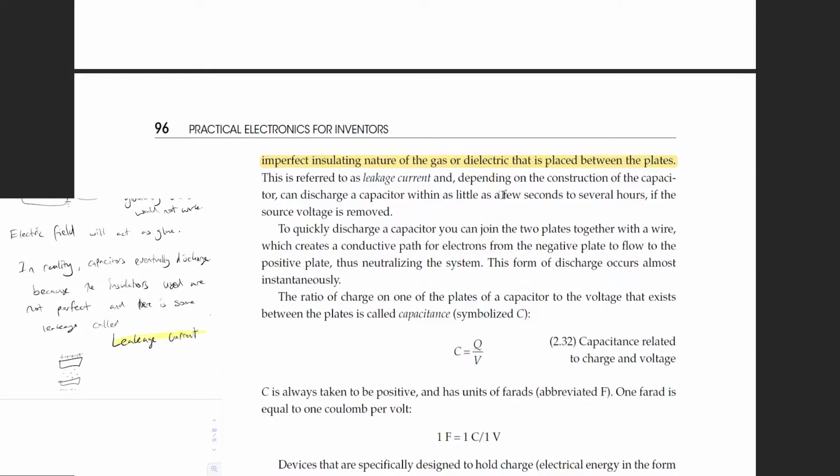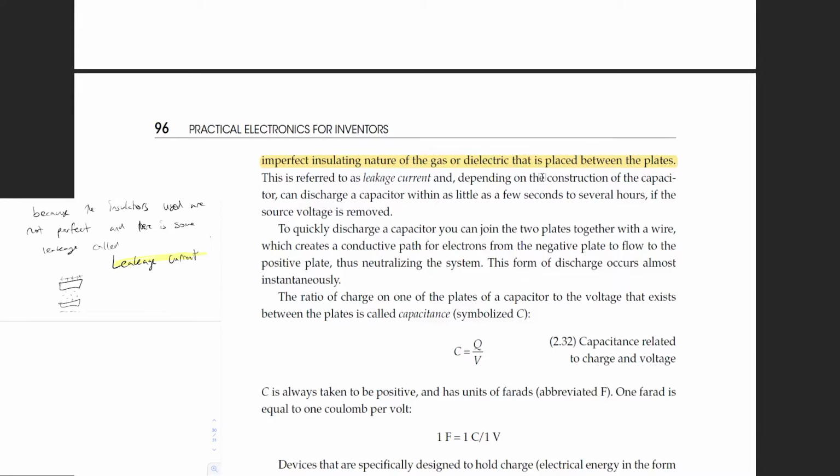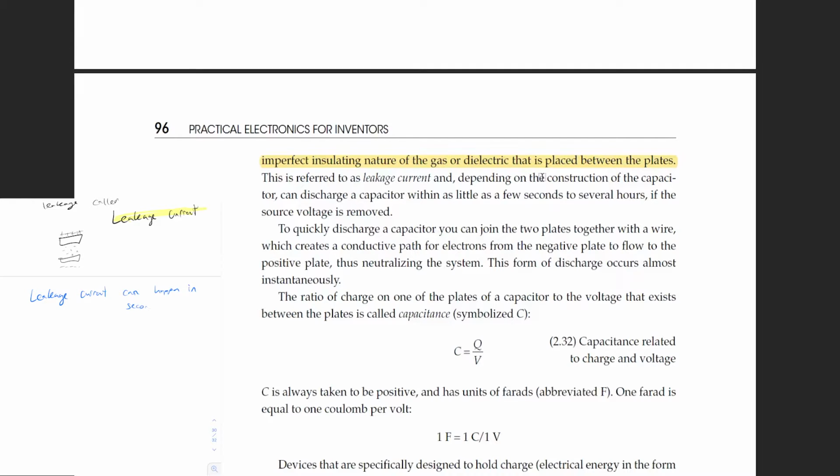Depending on the construction of the capacitor, it can discharge within as little as a few seconds to several hours if the source voltage is removed. Leakage current can happen in seconds or hours. What does it depend on?